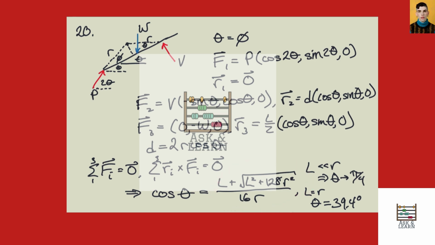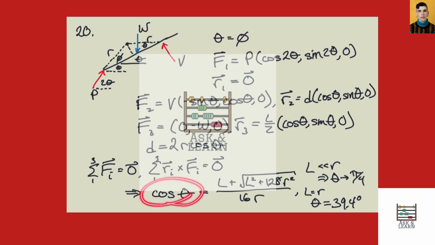A couple of checks: if L equals R, so that the radius of the bowl is the same as the length of the rod, so the rod's pretty short, the one answer will be that theta equals 39.4 degrees.